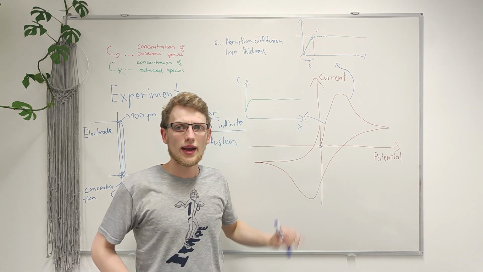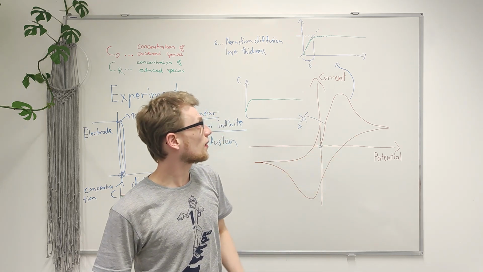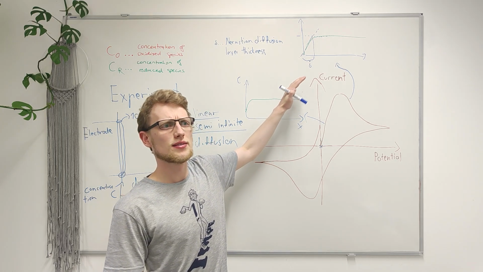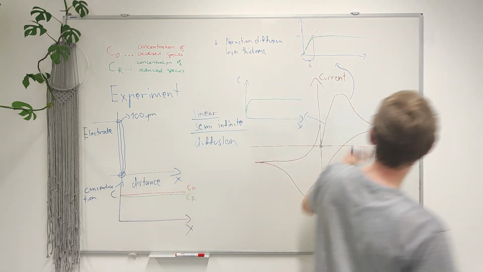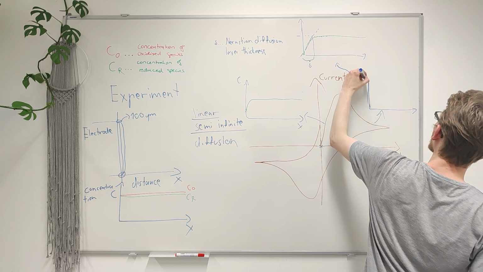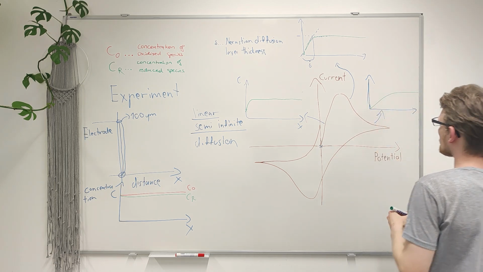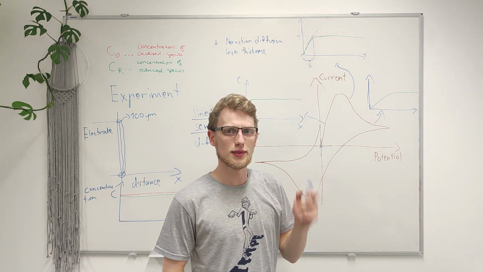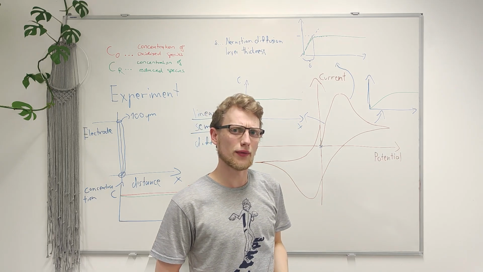So, as the experiment keeps running, we are just flattening the concentration gradient right at the electrode. This also means that less of the reduced species is reaching the electrode, therefore we see the current going down.